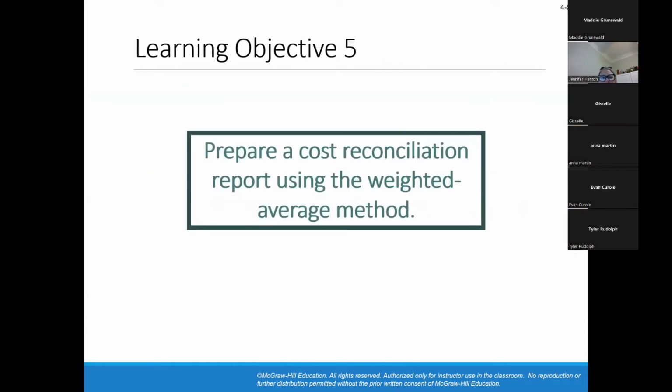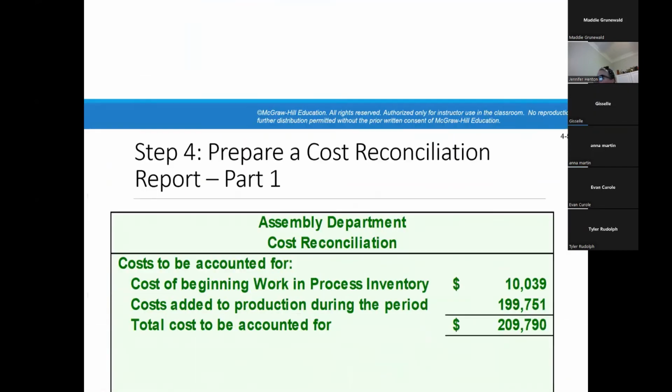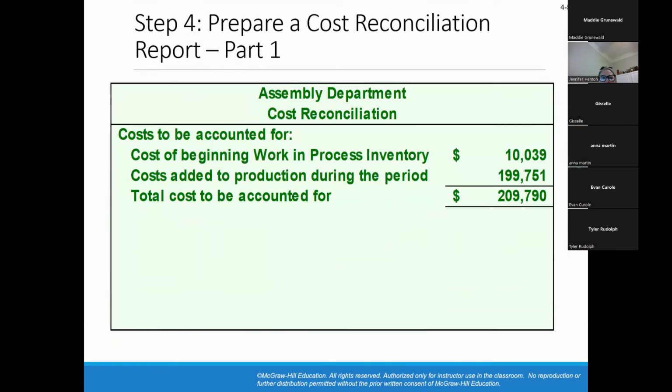All right, so we're going to reconcile this. Okay, so we have the cost to be accounted for. So remember, when they first gave us the information, they gave us those two numbers in the beginning work in process, and they gave us the numbers for the production that was added in for each materials and conversion. Well, if you add them together, remember we had the 10,039 and the 199,751.